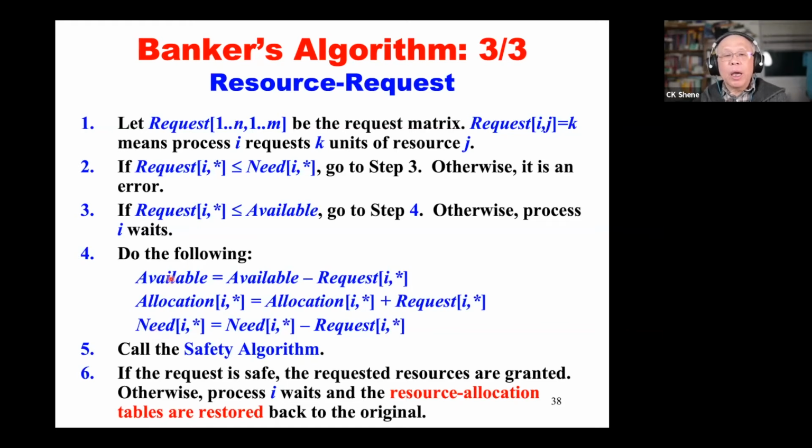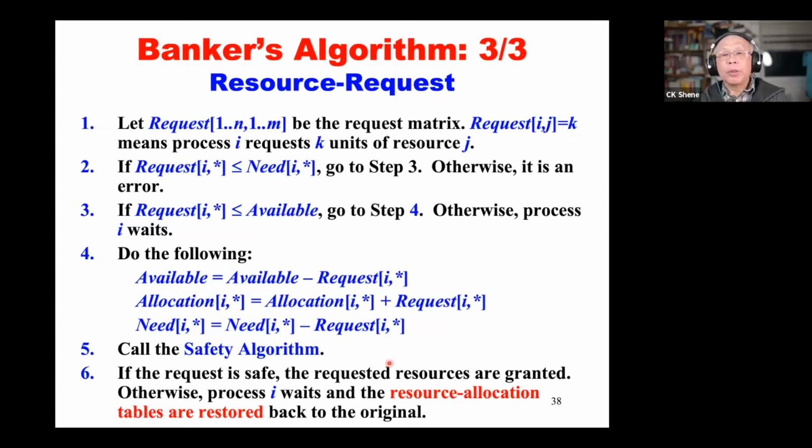Then after we have this, we call the safety algorithm. The safety algorithm uses the newly computed available, allocation, and need to verify whether the system is safe. So if the safety algorithm says, okay, the situation you provided through available, allocation, and need is safe, we don't need to change anything.